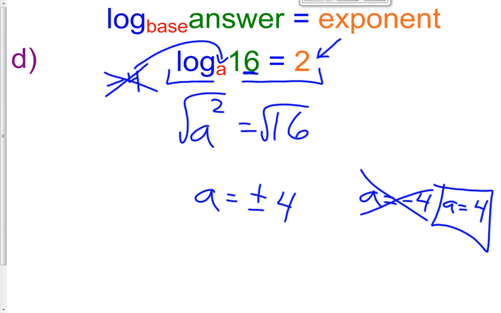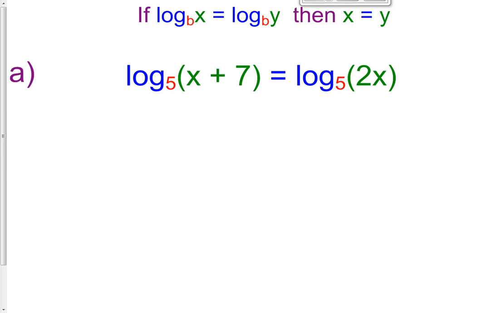Okay, the last thing we have. If you have logarithmic form on both sides of the equation, log base b and log base b, on both sides of the equal sign, the log base b of x equals the log base b of y, then x equals y.